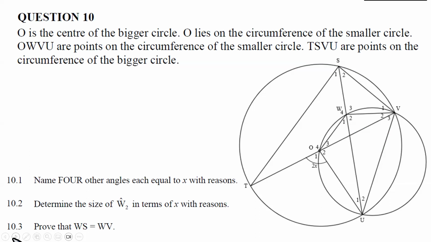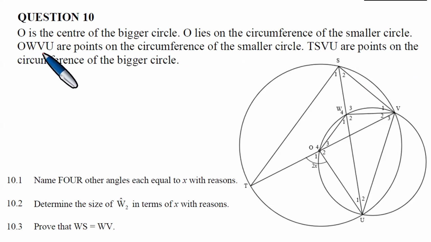Okay, let's look at this one. O is the center of the bigger circle. O lies on the circumference of the smaller circle. So there's a smaller circle, and on its circumference O lies. But there's also W, V, U, points on the circumference of the smaller circle. So you can see O, W, V, U clearly are points on the circumference, four points on the circumference of the smaller circle.